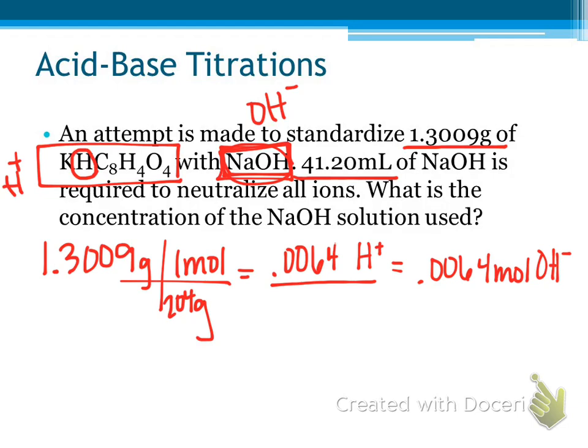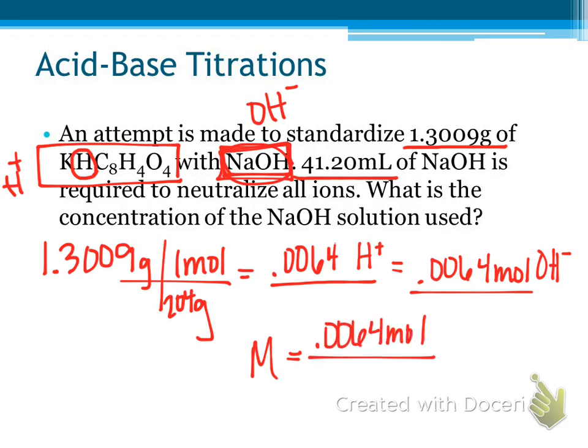I need to find my concentration. I have my volume and I have my moles. So molarity equals 0.0064 moles over 0.0412 liters. I want to find the concentration of my base solution.